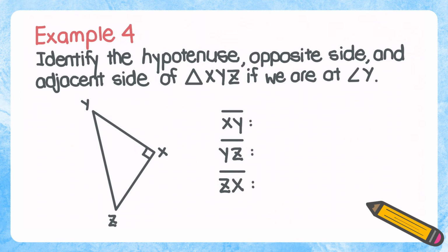Let's look at two more examples. Here we have triangle XYZ, and we will be standing at angle Y. Make sure you're writing these examples down in your notebook. So here we stand at angle Y, and let's first identify the hypotenuse. You find the right angle and find the side across from that right angle. This side is our hypotenuse.